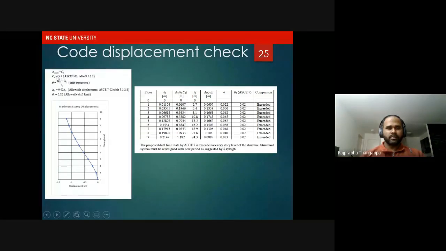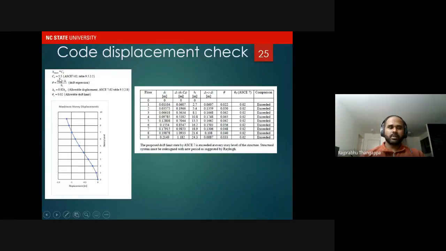So this is done because of the correlation between the ductility and the force reduction factor. So since we reduce the forces by a factor of 5, by a factor of 8, we would also have to increase the displacements by some factor.